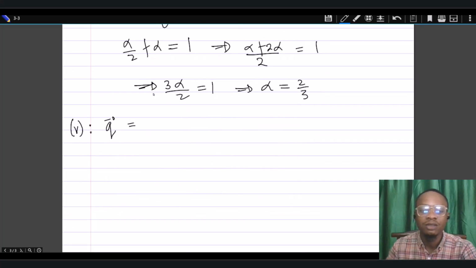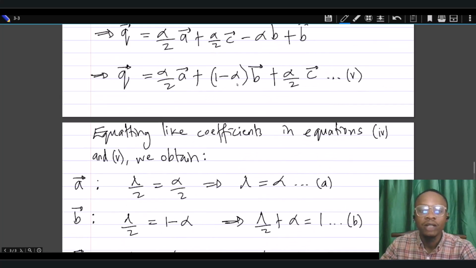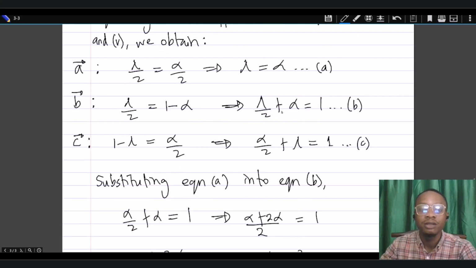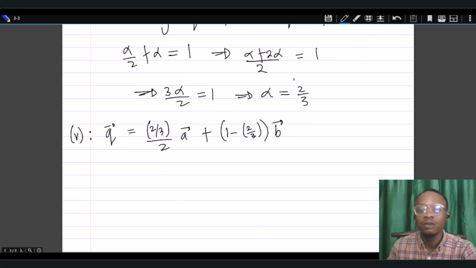Alpha is 2 over 3, divided by 2, multiplied by A. Then plus 1 minus alpha, so plus 1 minus 2 over 3, multiplying vector B. Then the third one, alpha over 2, that is still 2 over 3 divided by 2, so plus 2 over 3 divided by 2 multiplying C.